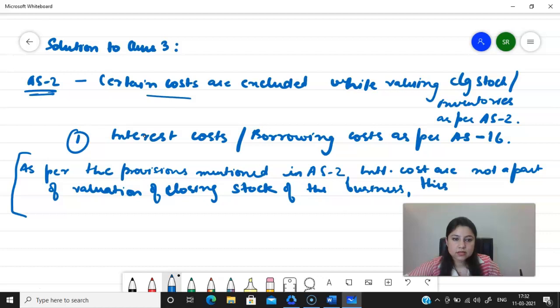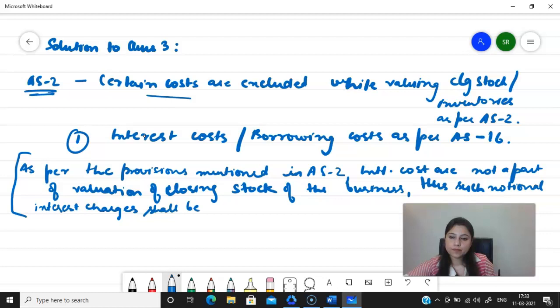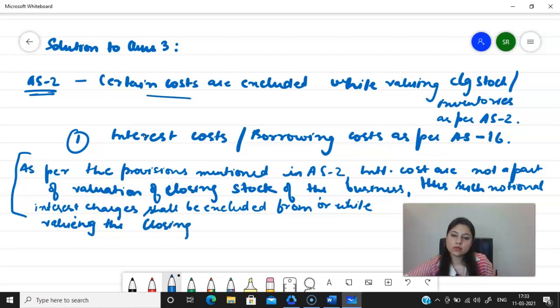Thus, such notional interest charges shall be excluded while valuing the closing stock of the company.